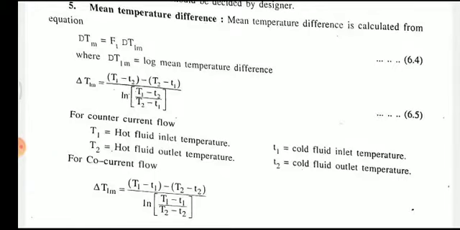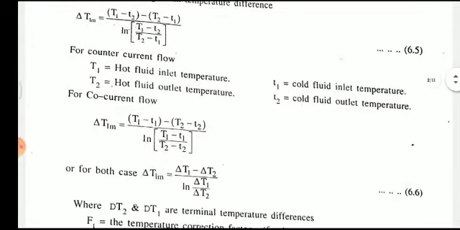It is given by delta T lm = ((T1 - t2) - (T2 - t1)) / ln((T1 - t2)/(T2 - t1)), where capital T1 is the hot fluid inlet temperature and T2 is the hot fluid outlet temperature, and small t1 is the cold fluid inlet temperature and t2 is the cold fluid outlet temperature.